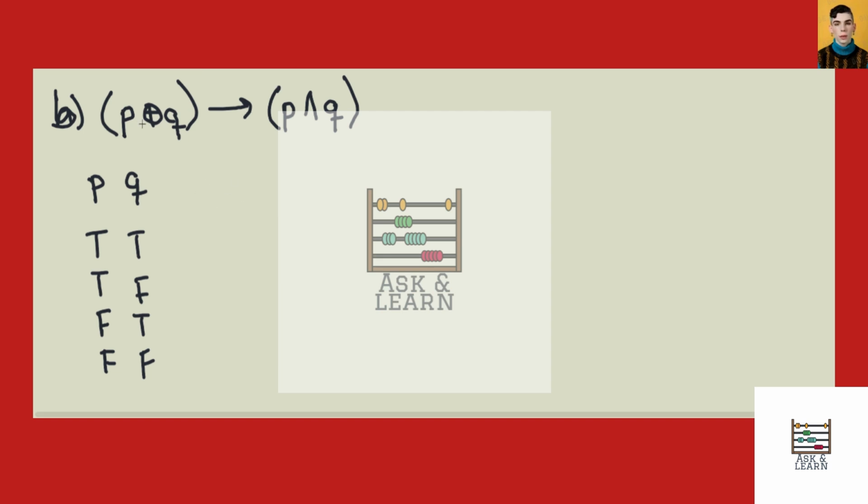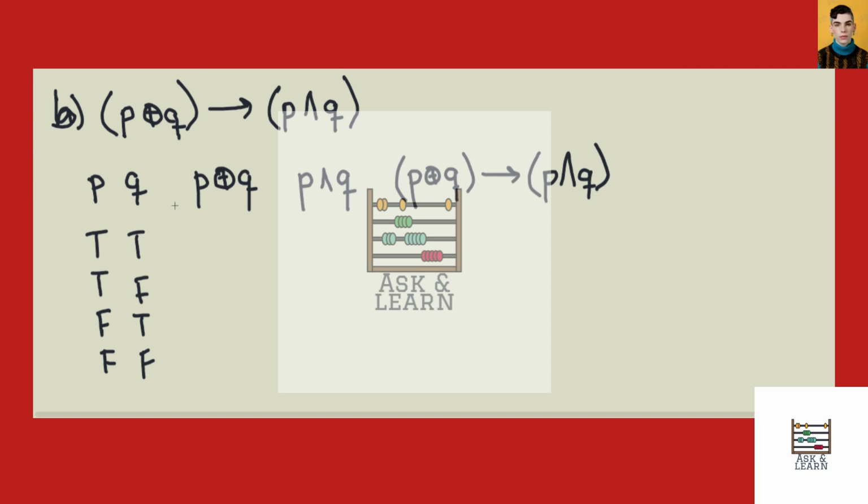We start off with the first compound proposition that we're using, P exclusive or Q. The second one, P and Q. And last but not least is the entire compound proposition. So P exclusive or Q in parentheses, conditional statement, P and Q. So let's go ahead and split these up.